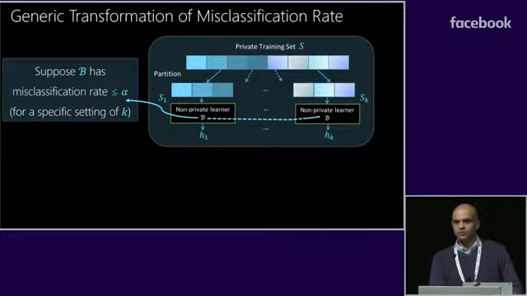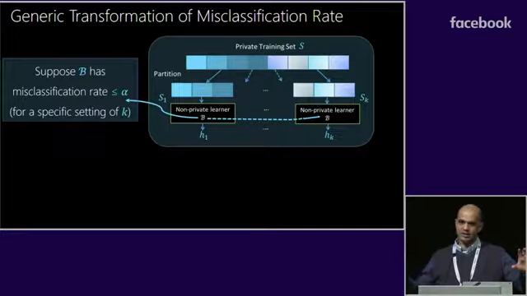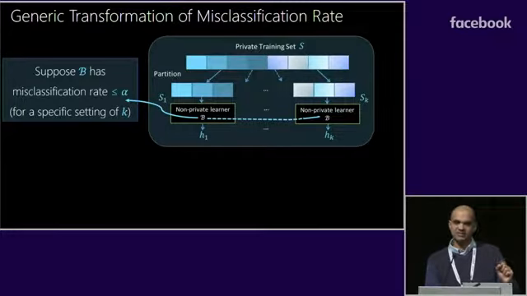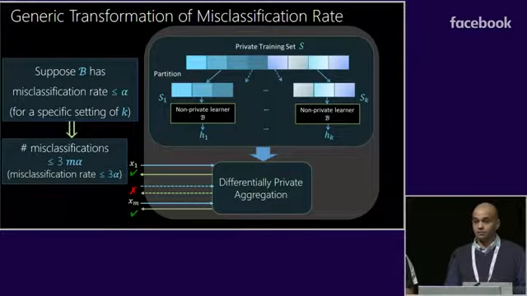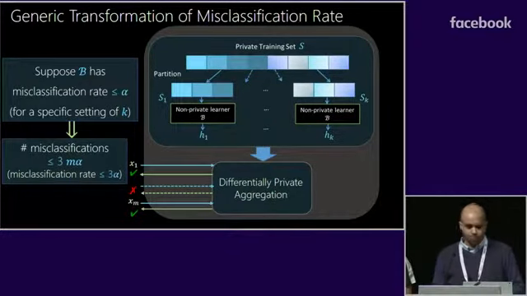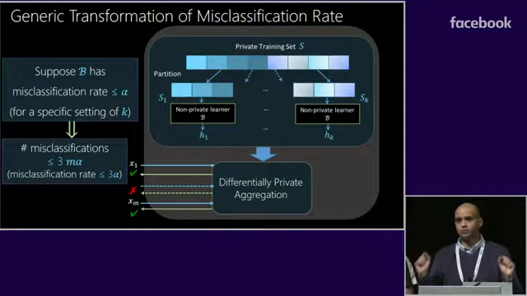Now, for this construction, we can formally transform the accuracy guarantees of the underlying non-private learner into accuracy guarantees for our private predictions. In particular, suppose that the non-private learner has a misclassification rate which is bounded by some fraction alpha. Then we can show that for a sequence of m queries, our algorithm cannot make more than 3 m alpha classification errors.